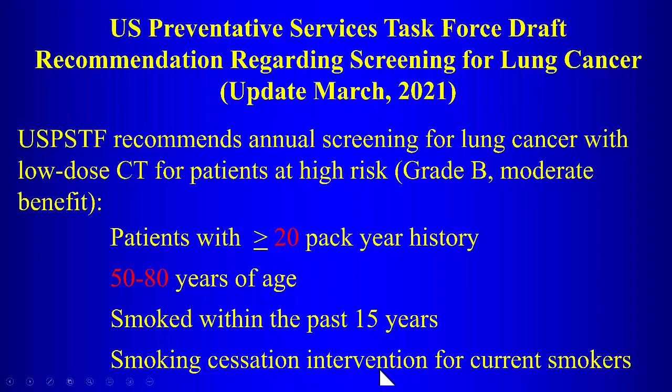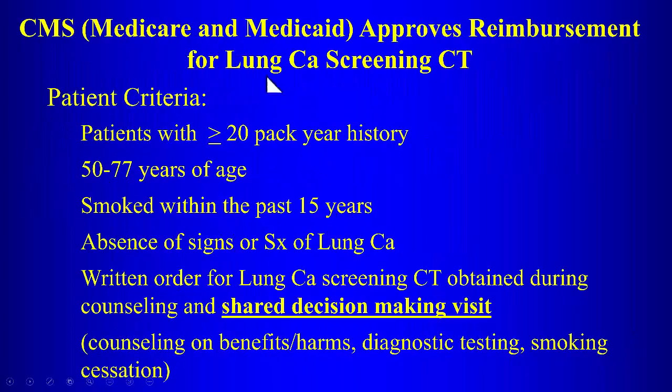That's also a requirement: the clinician who is ordering the study must talk about smoking cessation with current smokers. The patient criteria for Medicare and Medicaid: still a 20-pack year history, 50 to 77 years of age, smoked within the past 15 years, absence of signs or symptoms of lung cancer.